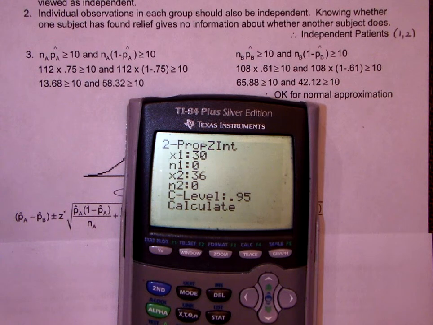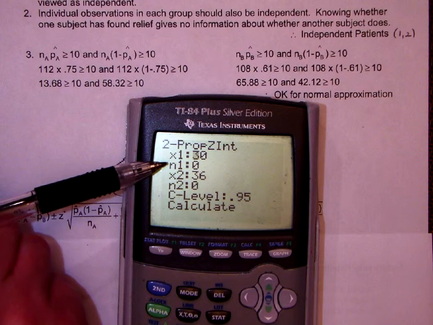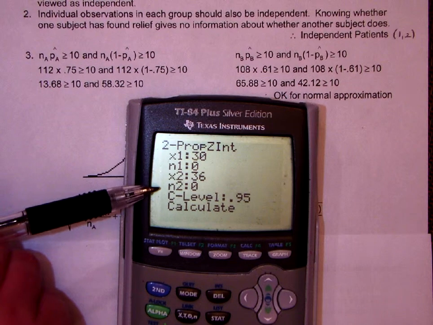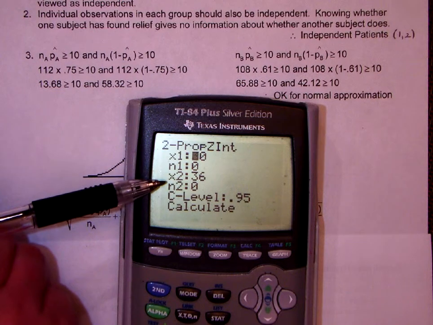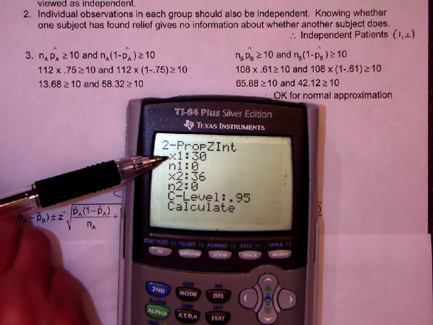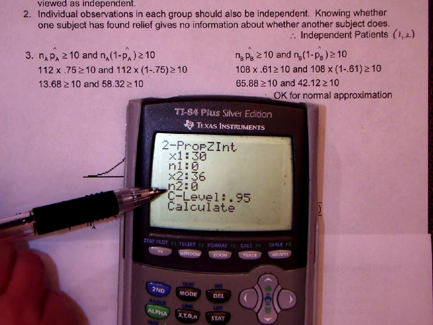Now, the calculator does not know how you subtracted. Your calculator will always take x1, n1 minus x2, n2. So you need to make sure that you enter these the way you want the calculator to subtract them.